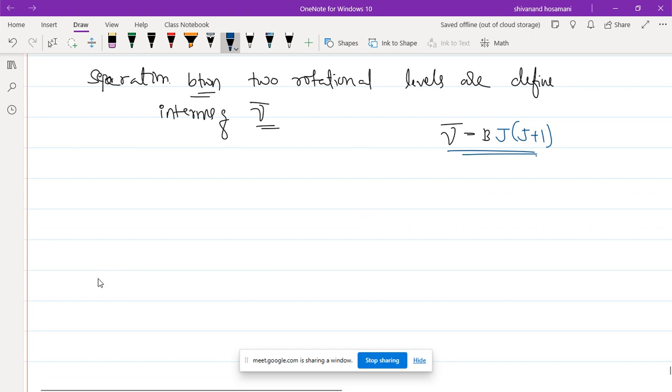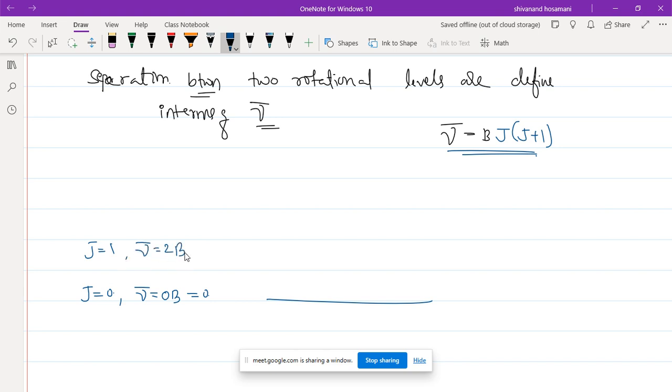If you take J equal to 0, nu bar equals 0B, which is totally 0. Then the second level: if I take J equal to 1, nu bar becomes 2B.